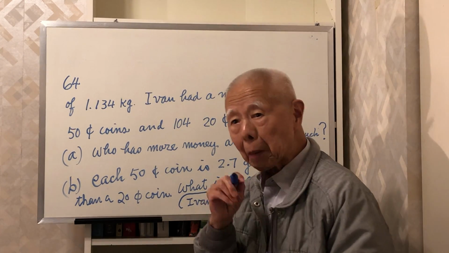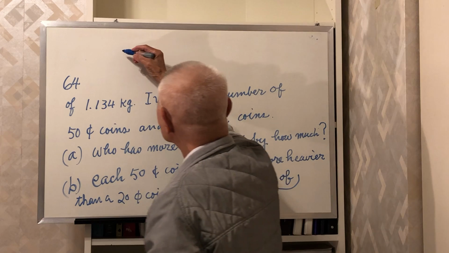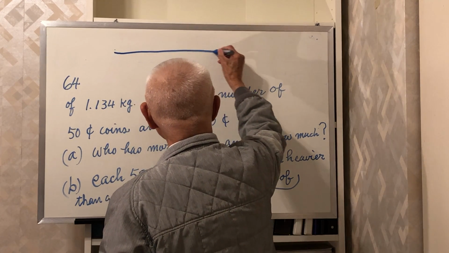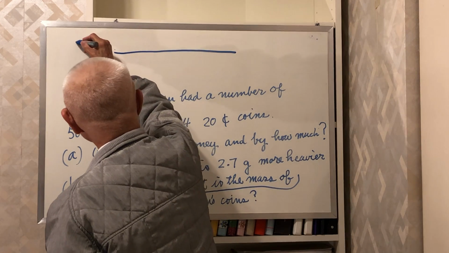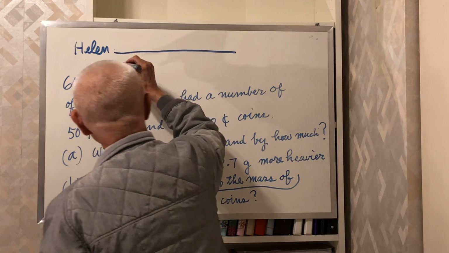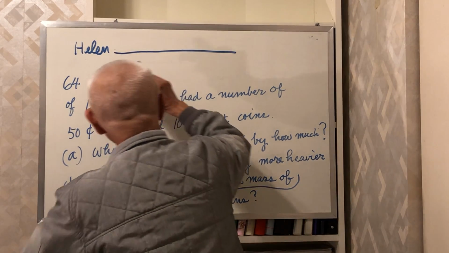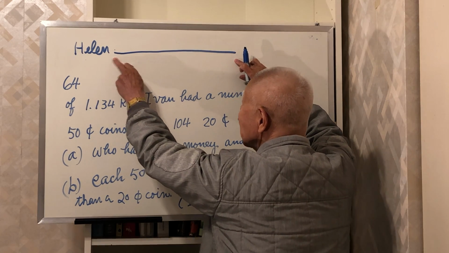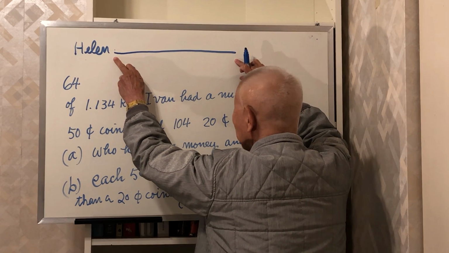Let me use a number line. This is how many coins Helen had.